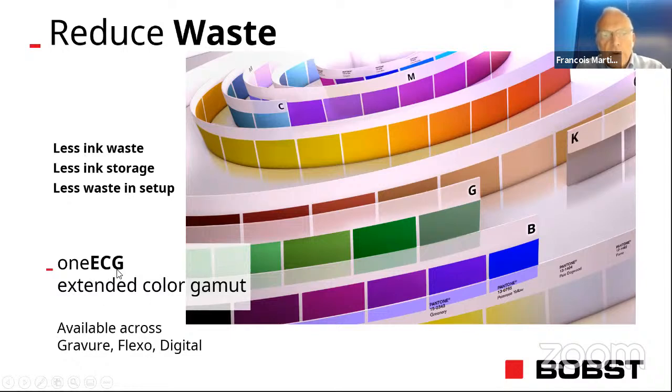It is the so-called extended color gamut, and the one we have at Bobst is called 1ECG. So by doing that, you don't need to mix ink anymore to get colors. You can get all the Pantones you want, just mixing the basic colors. So no ink mixing.